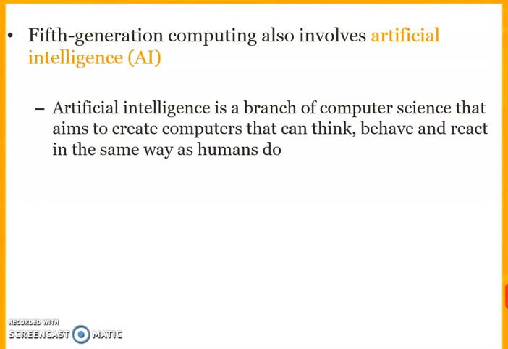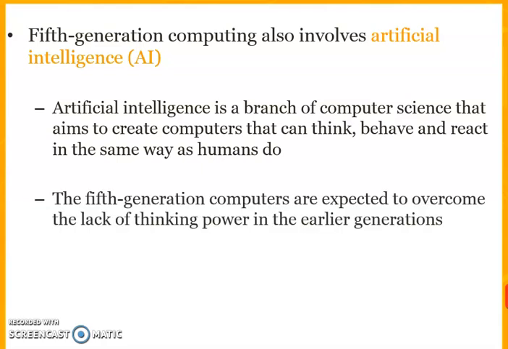Artificial intelligence is basically the branch of science that aims to create computers that can think, behave and react like humans. In the fifth generation, computers are expected to overcome the lack of thinking power in the earlier generations. So it's enough for today.